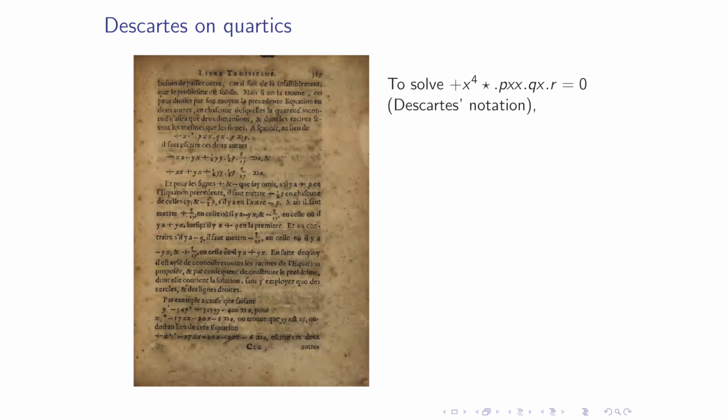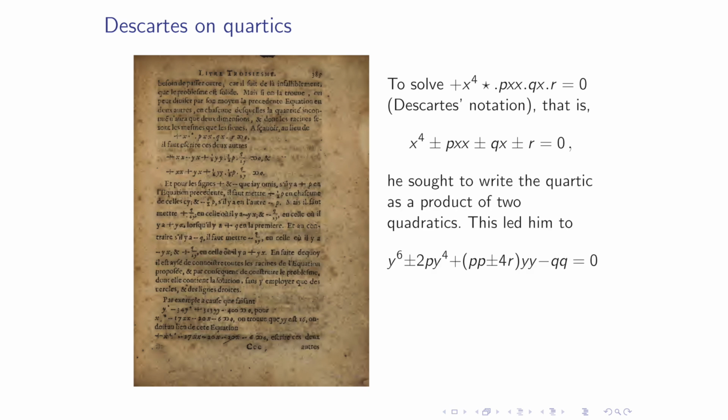He also looks at quartics, and he sets out here to solve the equation that he writes in that form, and that we would write in that form. And the way he approaches quartics is he tries to write it as a product of 2 quadratics. And so he writes down some equations, he expands out, he equates coefficients. Out of all this emerges another equation that needs to be solved in order for you to find those coefficients.